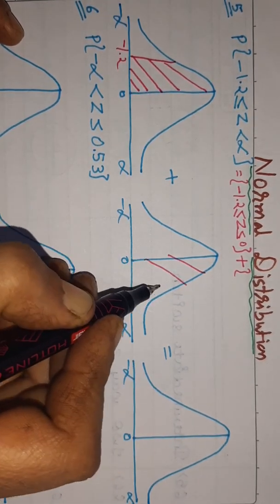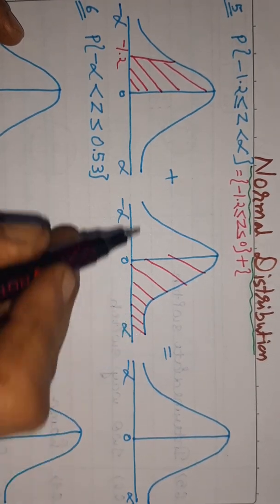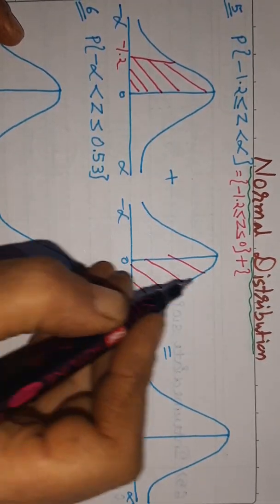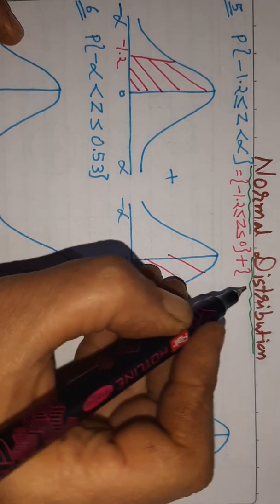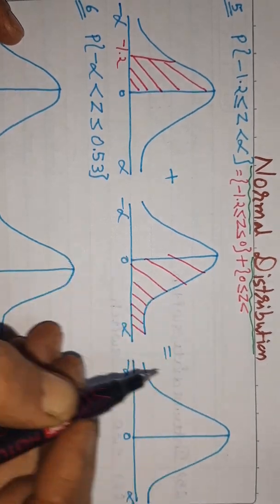And we show it this way. It starts from 0, so 0 less than or equal to Z less than.